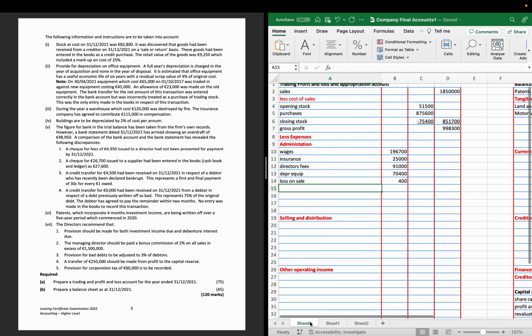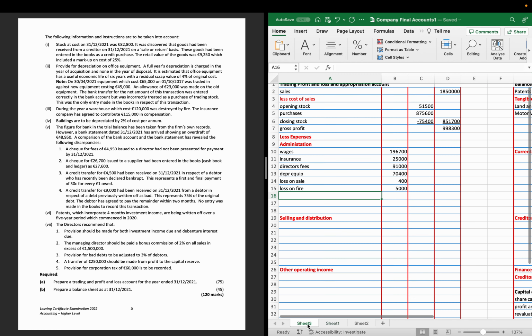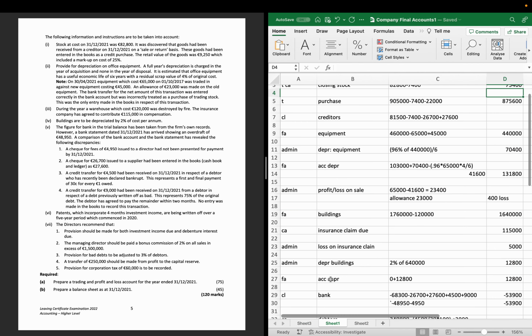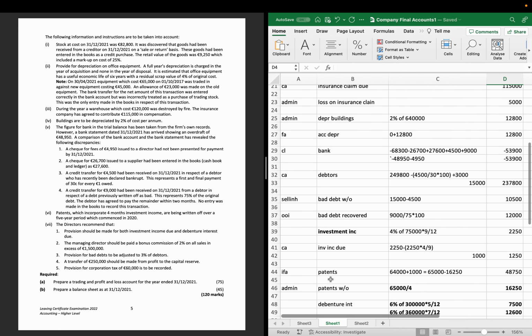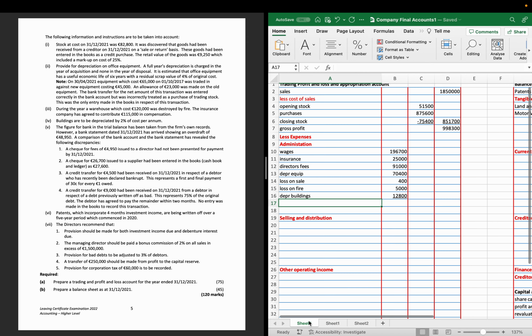The loss in the insurance claim, 5,000. Depreciation of buildings, 12,800. You've patents written off, 16,250. Hopefully that's them all.